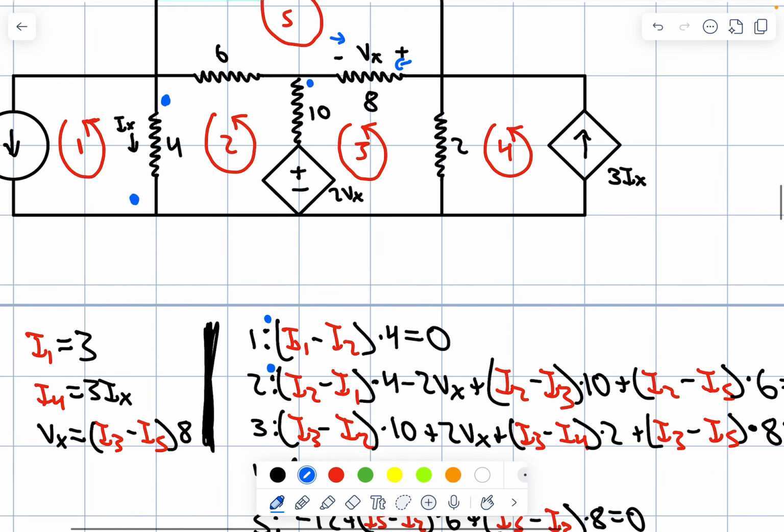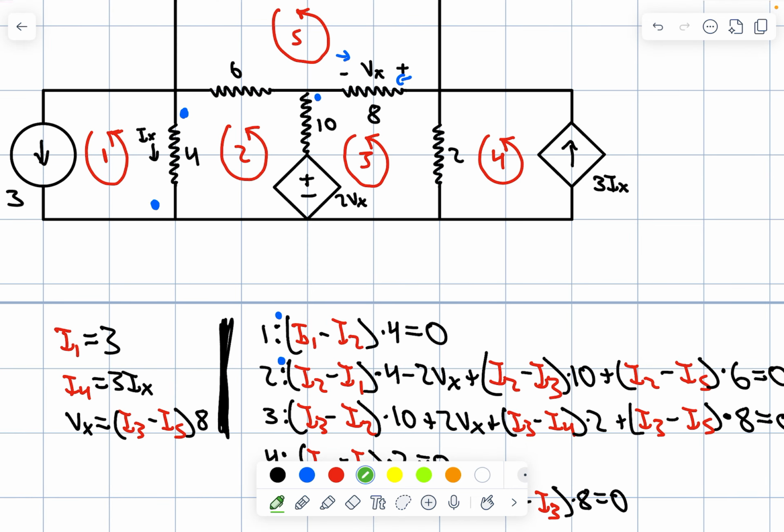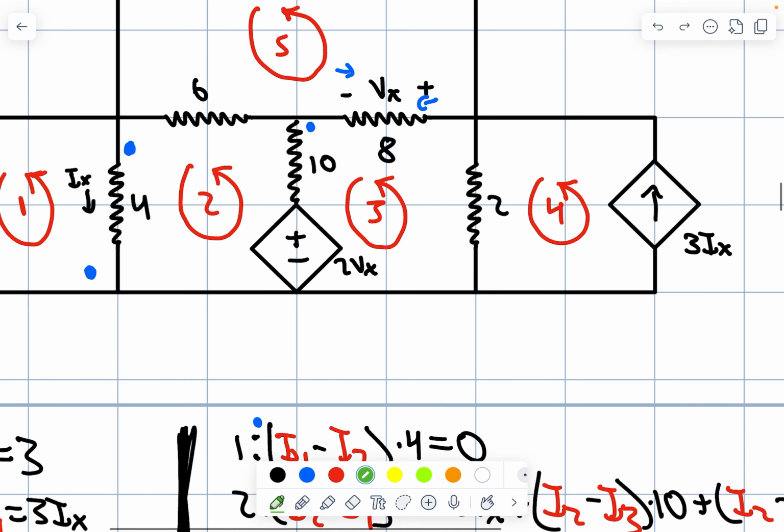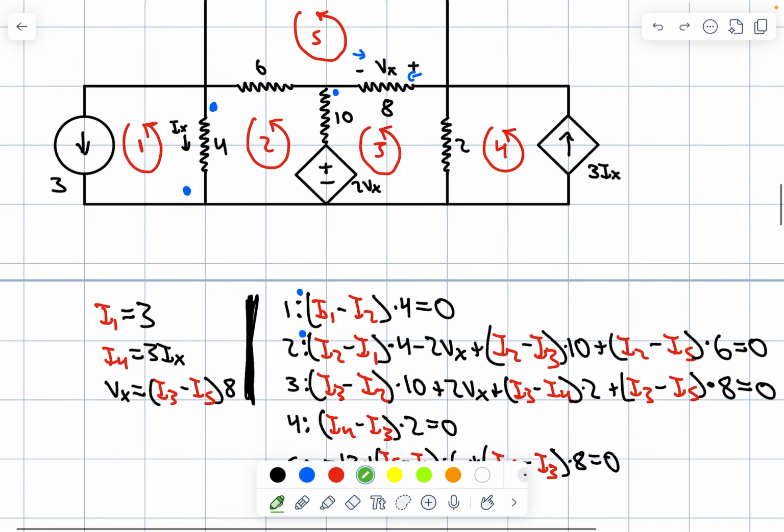And you notice when I wrote my Vx equation, we cared about this positive and this negative because we care if the voltage is dropping in a certain direction when finding out Vx. But for our sake here, I don't care about Vx. I'm getting rid of this. I'm assuming I'm flowing through the right way, no matter what, okay?